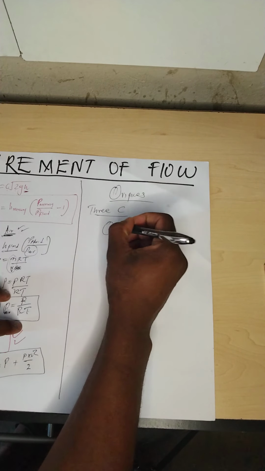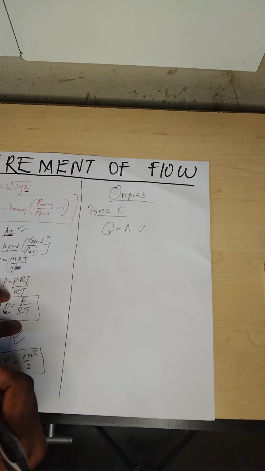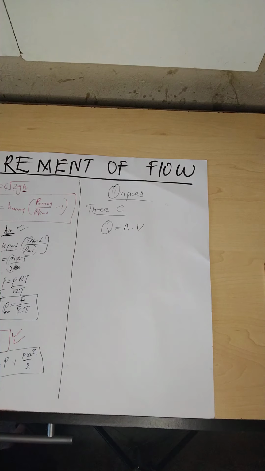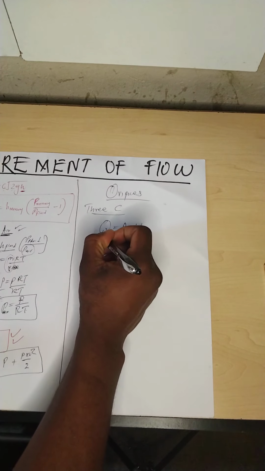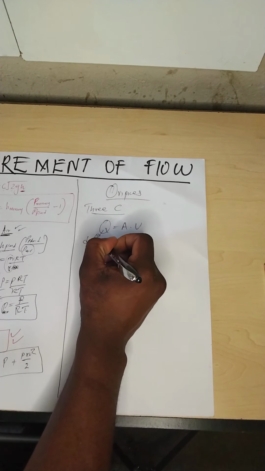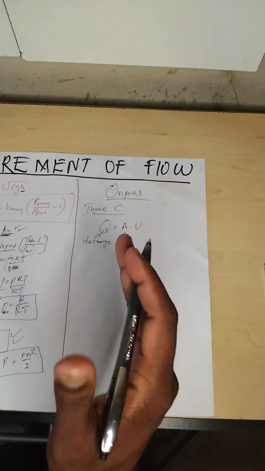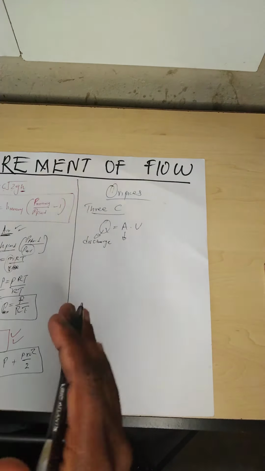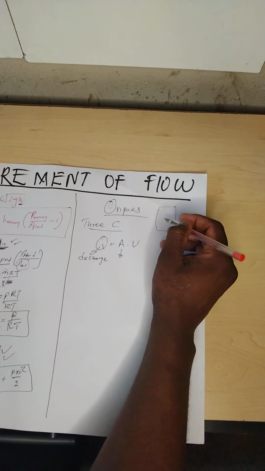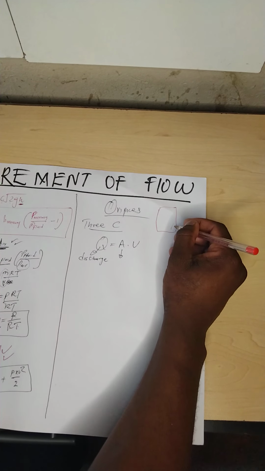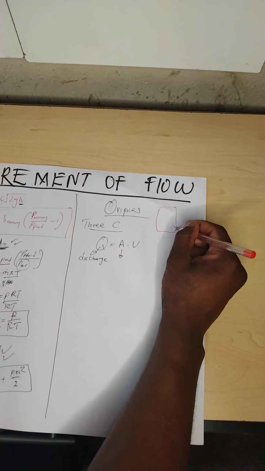I always write Q equals area multiplied by velocity. When you look at Q, you know this is the discharge. And A means the area of something. When we talk about orifices, let's assume this is our tank, and here there's a pipe coming out like this.